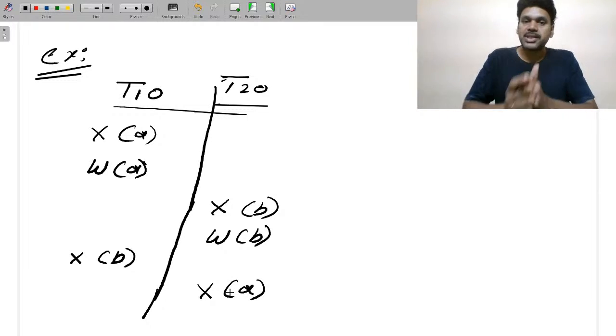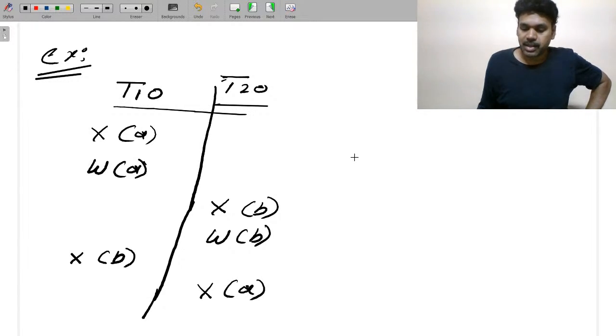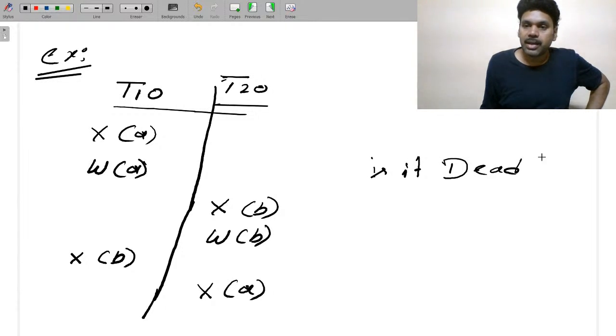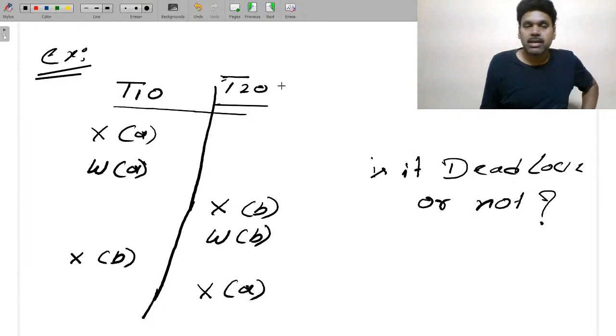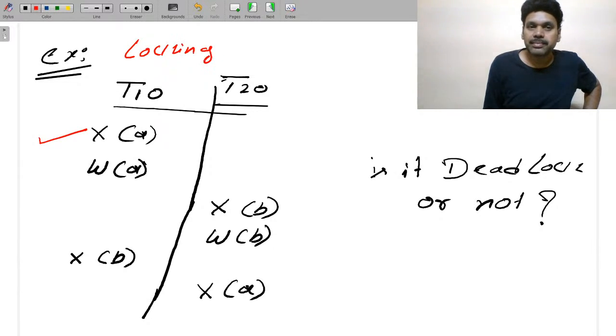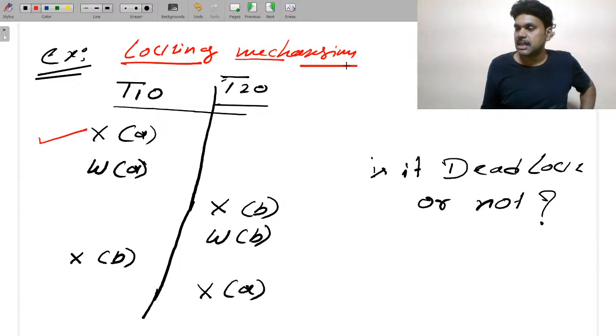This is the situation I am giving you. Is it deadlock or not? Observe carefully, friends. I am using a locking technique, a locking mechanism. Please observe, all of you.